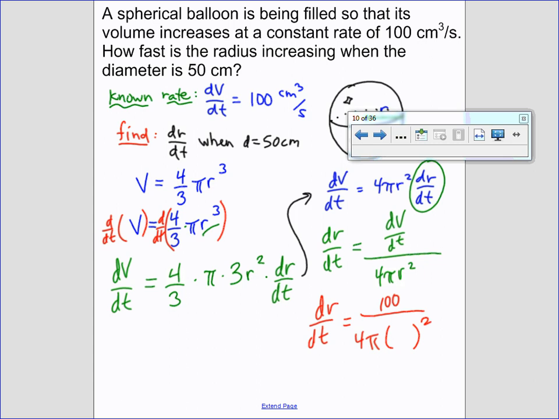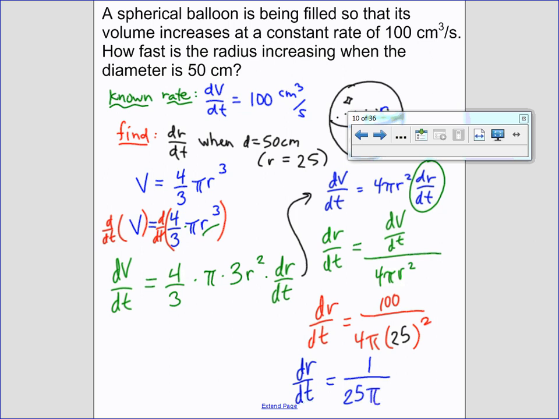Well, the diameter equaling 50 is the same as my radius equaling what? 25. And so I'm going to put in 25 for r. Awesome. And we'll do a little simplification, or I'll recognize that 25 squared is 25 times 25, times 4 is 100 times 25, and cancel out the 100s. Either way, I get 1 over 25 pi.